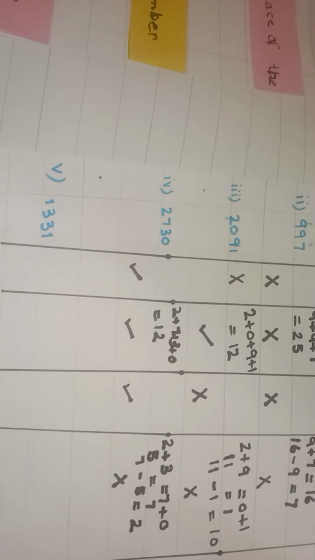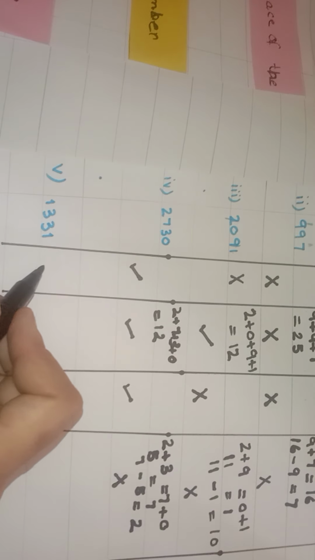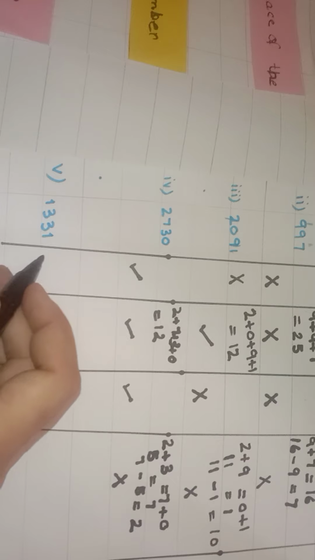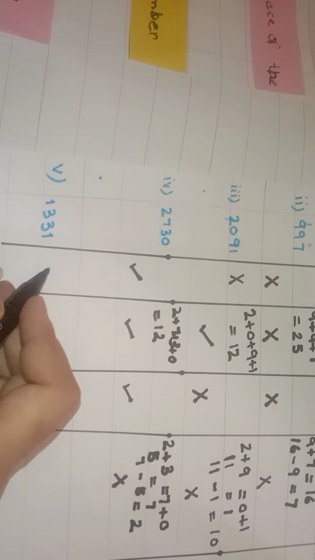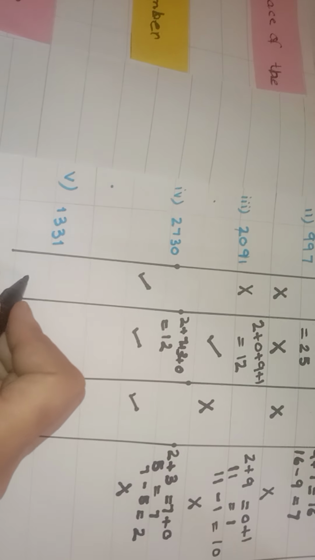Last part, 1331. The last number should be even for divisibility of 2. It is odd, so we will place a cross here.